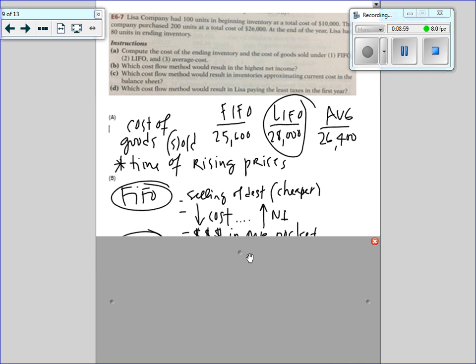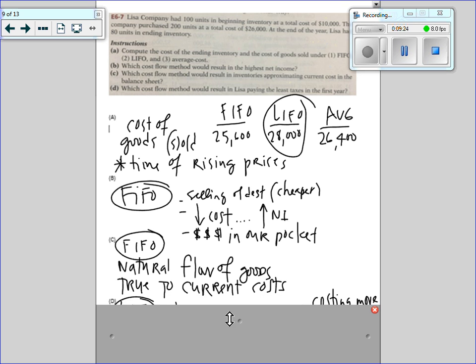C, which cost flow method would result in inventories approximating current cost in the balance sheet? That is a hard one. Let me read it again. Which cost flow method, so FIFO, LIFO, average, would result in inventories approximating the current cost in the balance sheet?